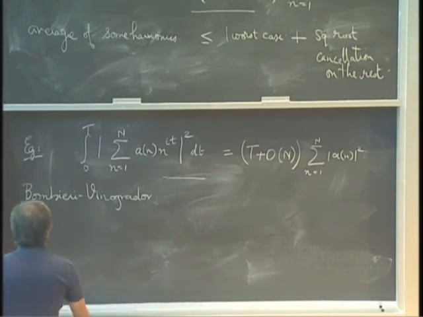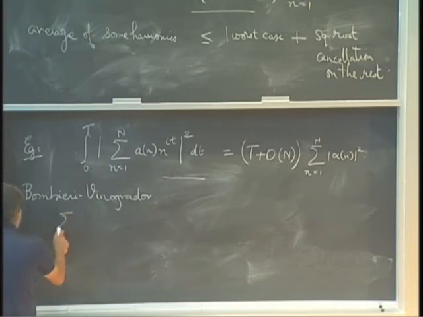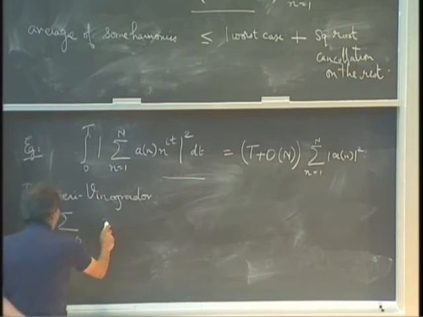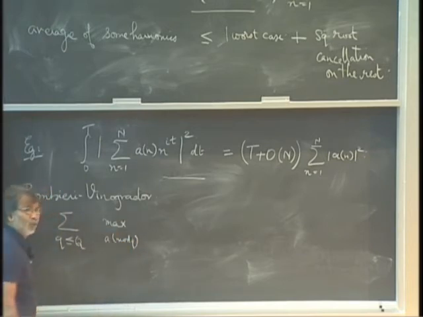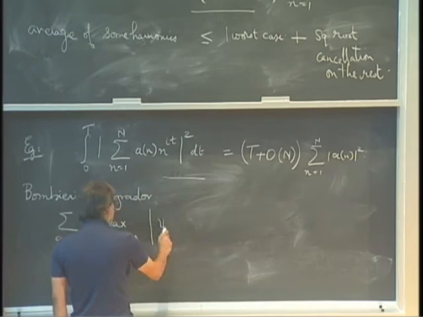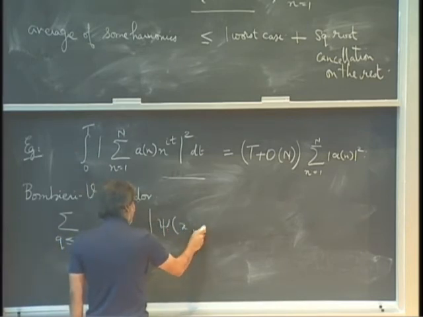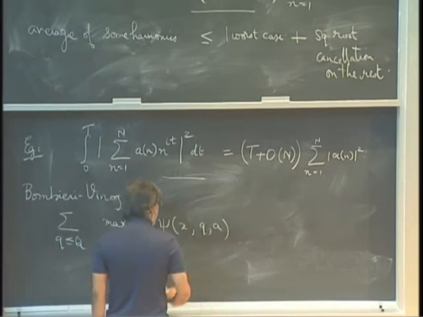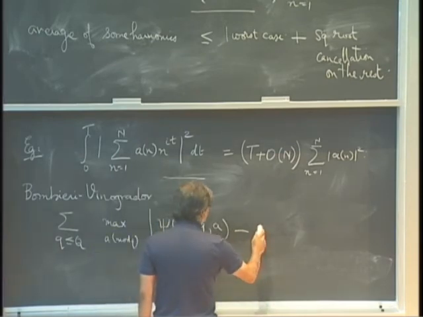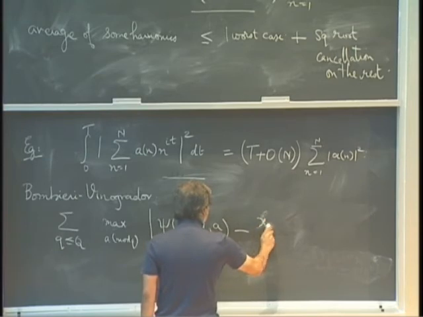So let's recall that what I want to bound is something like the sum over q up to Q, the max over a mod q, a coprime to q, of something like the number of primes in the progression a mod q minus the expected main term, which is x over phi of q.